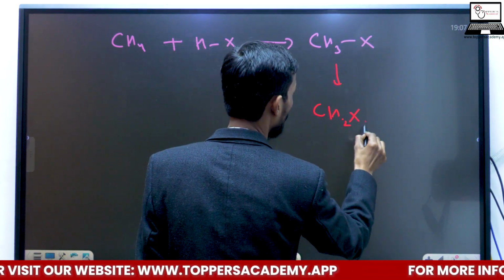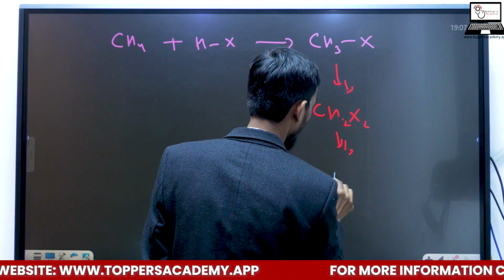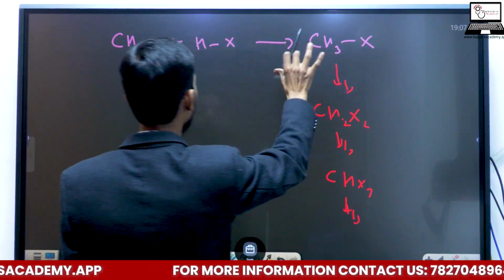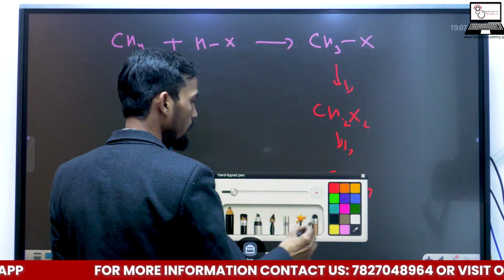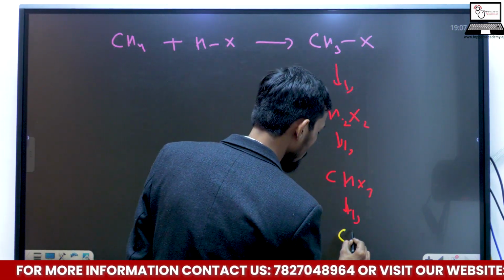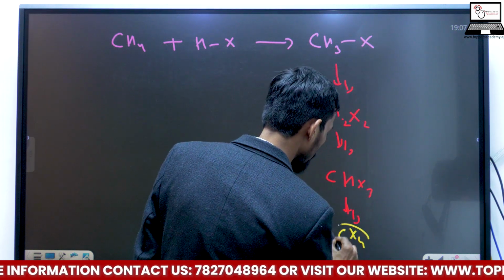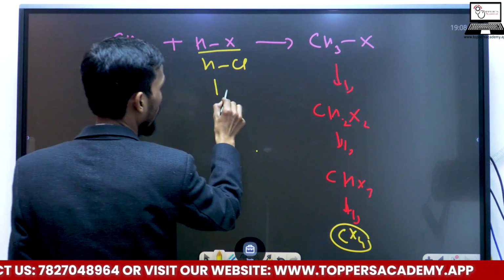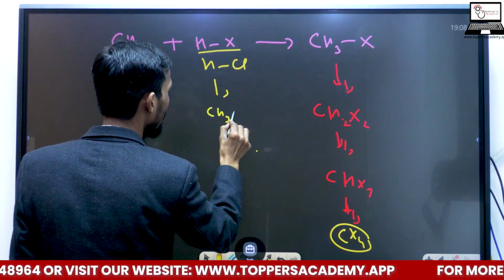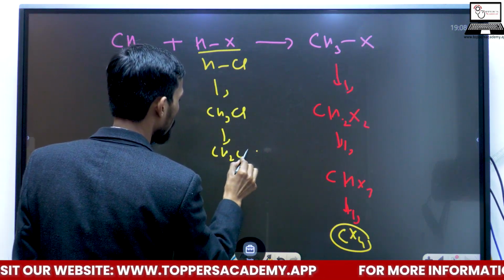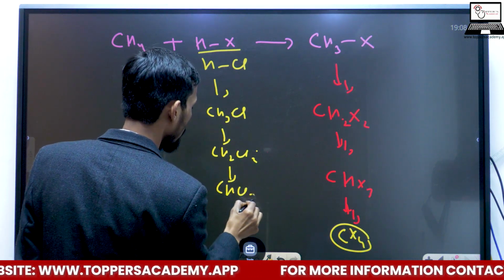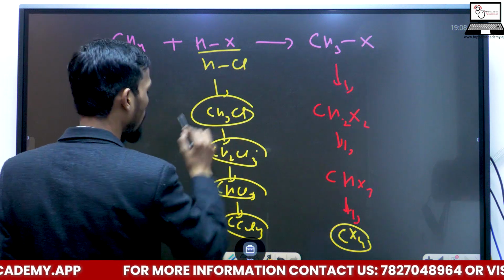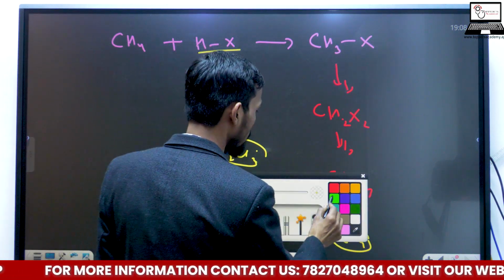And this reaction will further proceed in several steps and we will get CHX3, and again in the same steps which we proceeded in the first step, we will get CX4. If we have taken it as Cl, we will get CH3Cl, CH2Cl2, CHCl3 and CCl4.